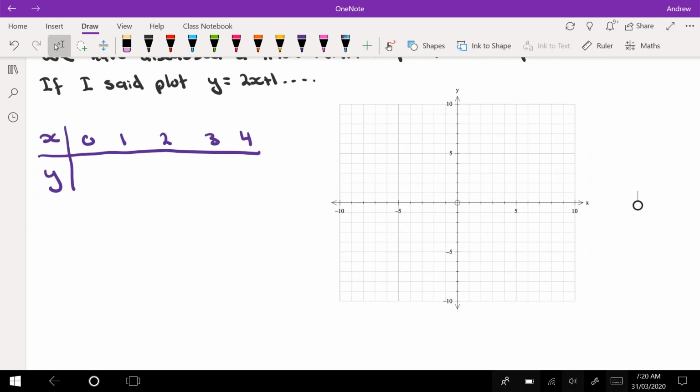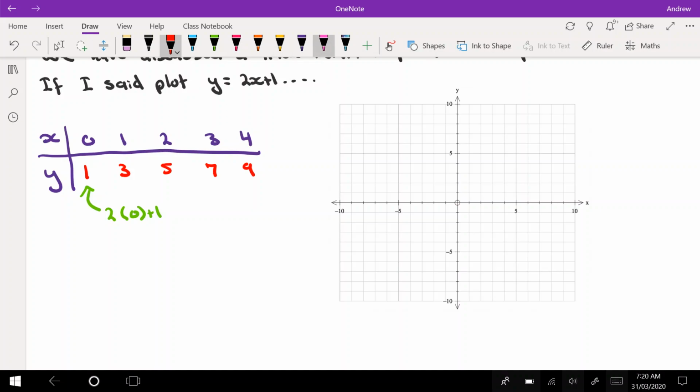So when x is equal to 0, that's going to be 2 times 0 plus 1. Well, 2 times 0 is just 0, plus 1, that's going to give me 1. 1 is going to give me 3, 5, 7, and 9.